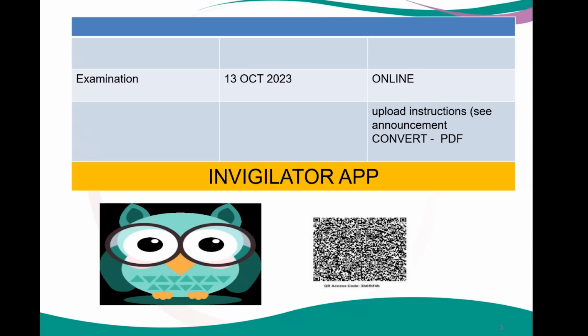Please do the right thing. I don't want you to fail. I don't want to work on those who have been dishonest, because the Invigilator app will do that. Don't ever think that you'll only submit onto my UNISA module. You also submit to Invigilator. The Invigilator app is also your key, because it's the one that is monitoring you as you write.